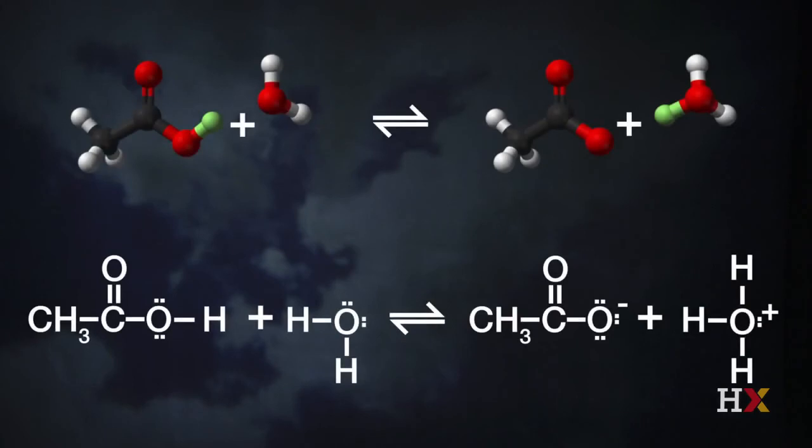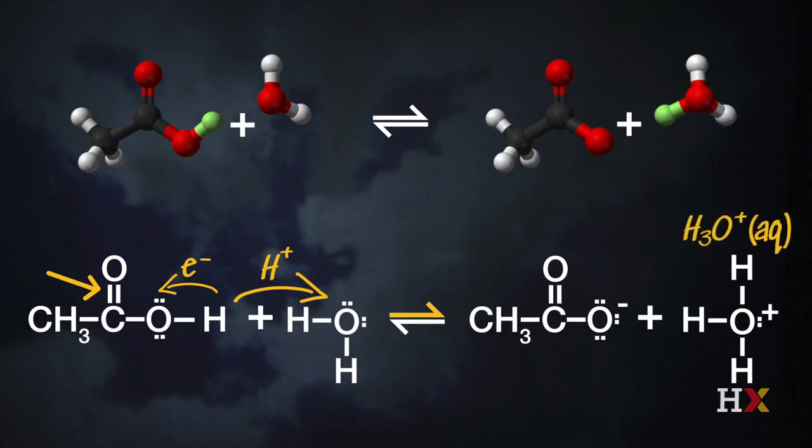We know that the carboxylic group, which is characterized by this double-bonded oxygen on the carbon, bonded to the OH at the end, and the electronegativity of the oxygen has delocalized electron density away from the hydrogen, exposing it to attack by the negative end of water, which succeeds in stealing that H+ from the acid structure, producing the acetate anion and our product H3O+ in the aqueous phase.